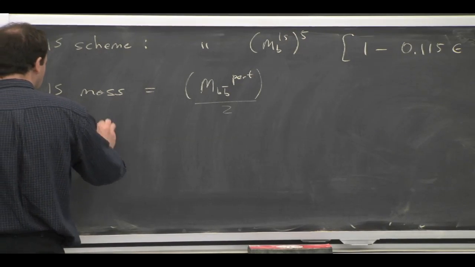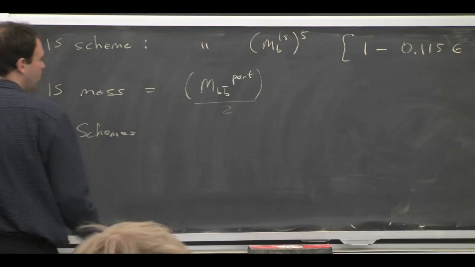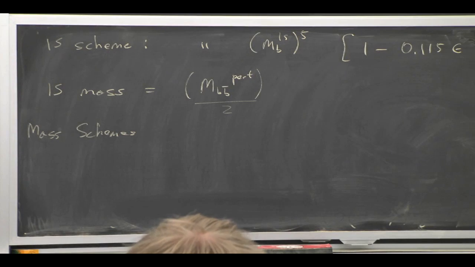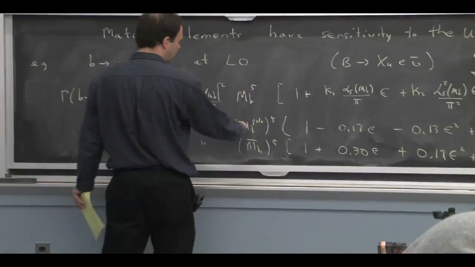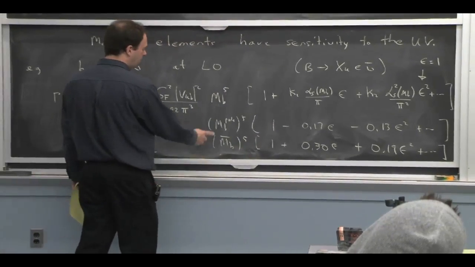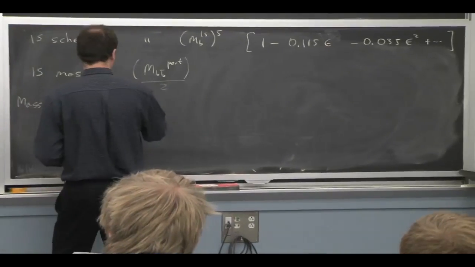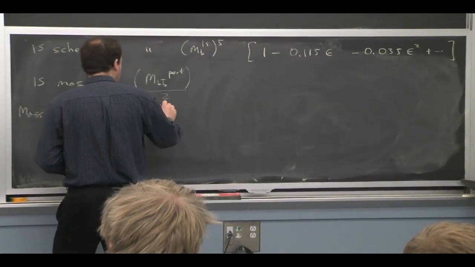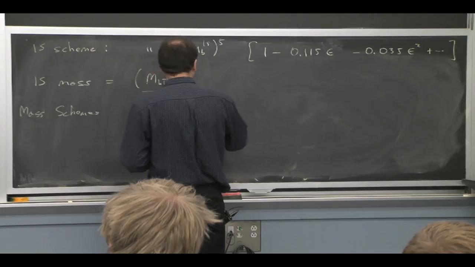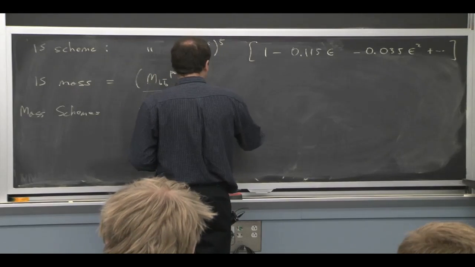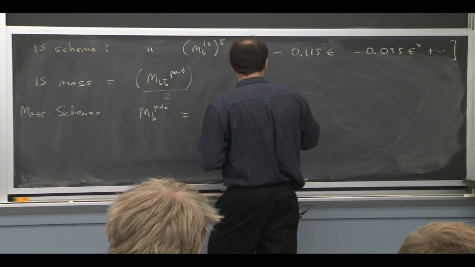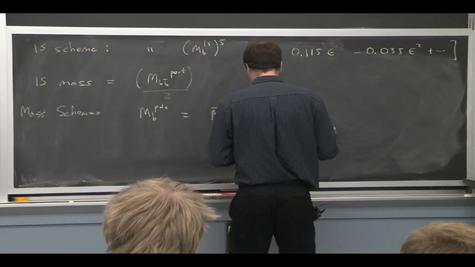Let me also write down the conversion formulas, because you calculate the decay rate once and for all. Say you calculate the first line, then you know how to convert between schemes, and that's what's causing the perturbative series to differ. So MB pole is equal to MB MS bar, and there's a series that relates them.